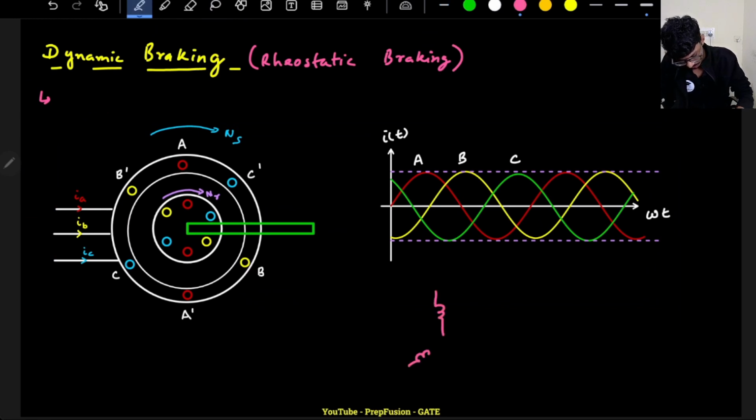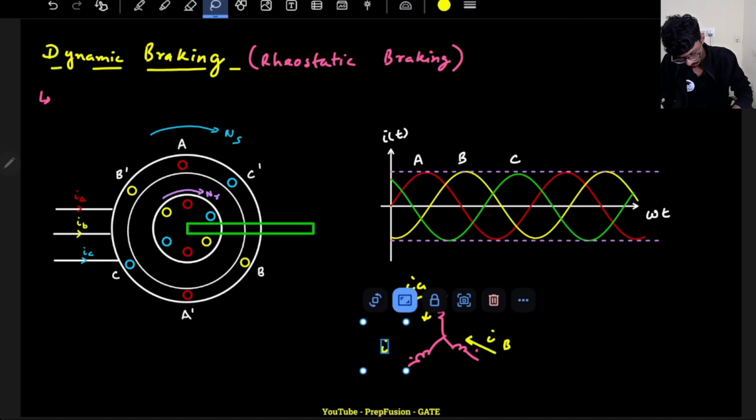These are my coils in the space. So this is dot, this is dot, this is dot. Okay, and current is entering like this, IA. Let me assume this as IB and this as IC.